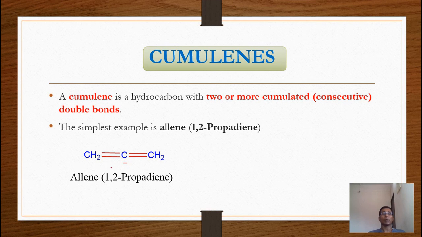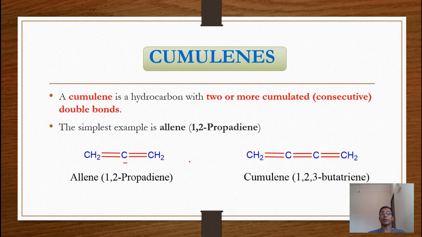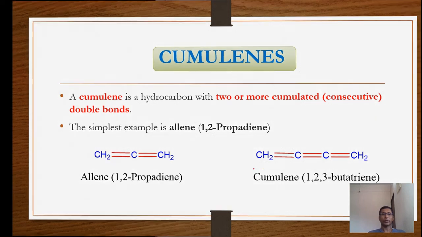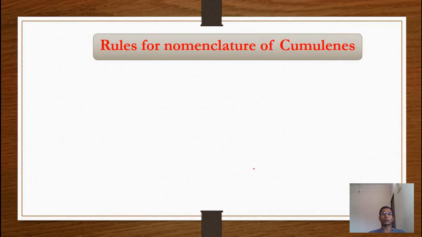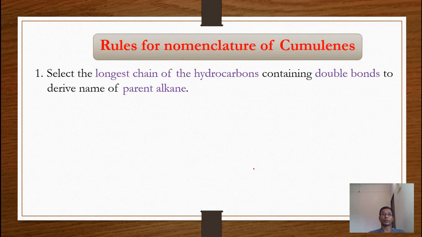The name of this molecule is 1,2-propadiene or allene. Another example is 1,2,3-butatriene. Let us see the IUPAC rules for nomenclature of cumulenes.